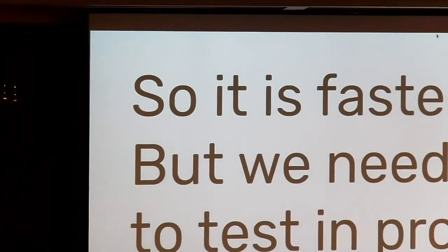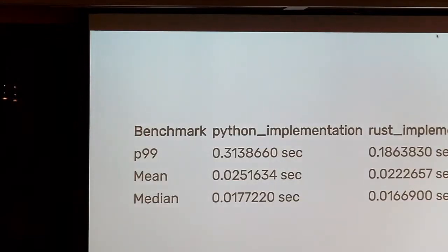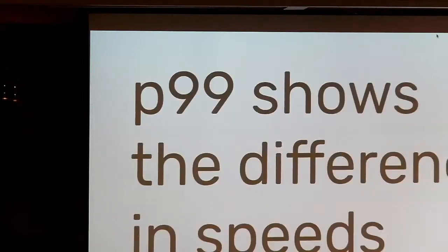So it's faster, but we want to test it in prod. I also got a weird error from PyPerf saying that the benchmarks were unstable, because I wasn't using an M1 Mac. I was using the old Intel Macs, so I think that's the problem. So we feature flagged it to our Sentry org, and I ran the benchmarks. The mean and median are pretty much the same, but the real difference is in the P99.